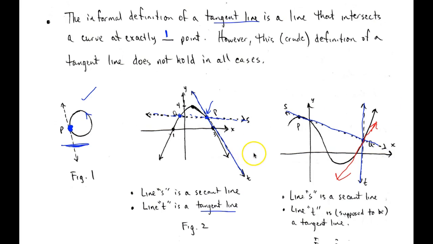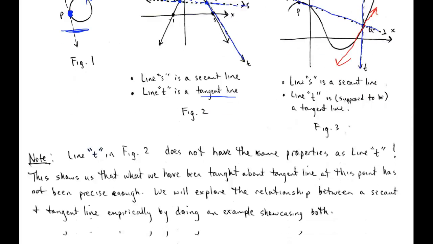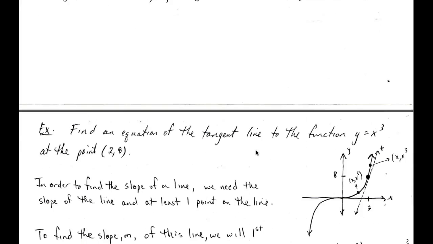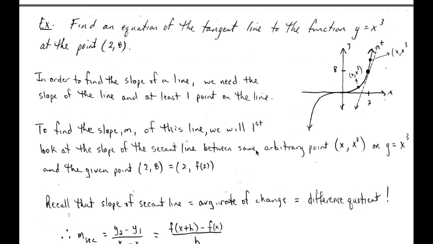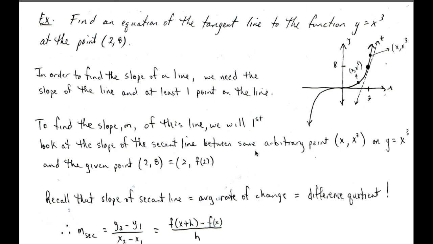So now what I want to do is carry on and look at this particular question, and figure out the equation of the tangent line, for which we'll need the slope, of the function y equals x cubed at the point (2, 8).